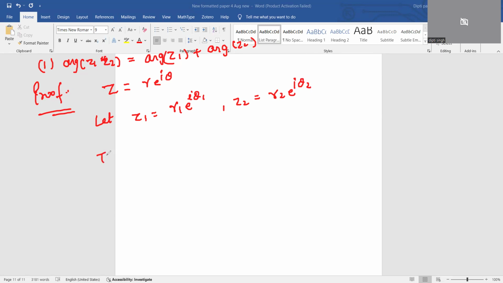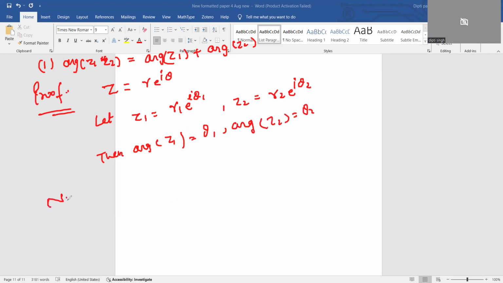Now firstly I can write argument of Z1 is theta 1 and argument of Z2 is theta 2.